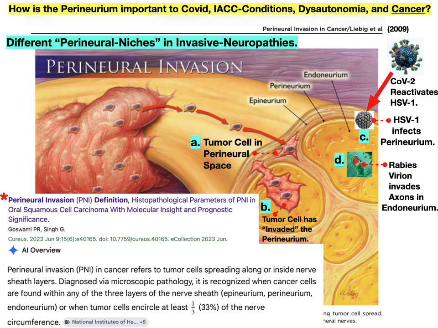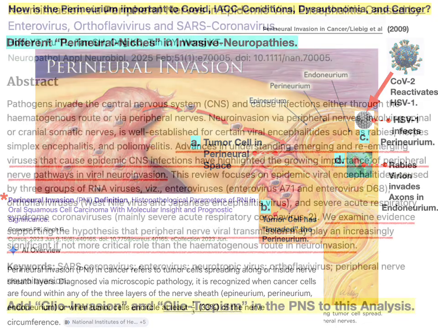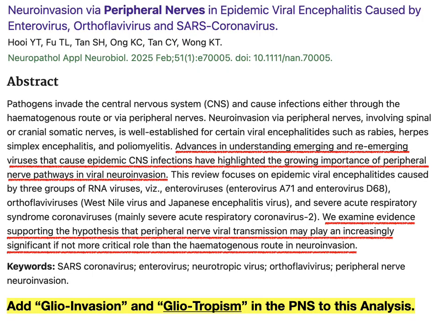So the concept of perineural invasion could be applied to viruses as well. And examples C and D show HSV1 infecting the perineurium, C, and rabies virions invading axons in the endoneurium, and that's example D. So the concepts of invasive neuropathies can be applied to viruses.